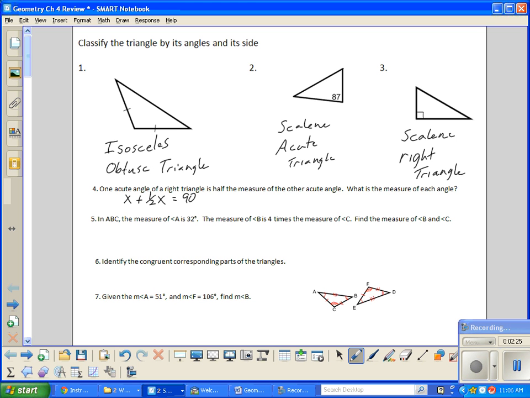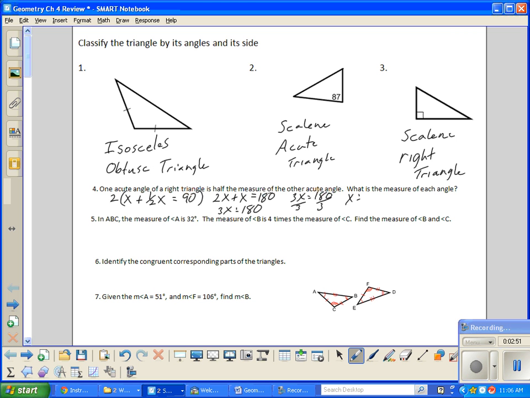Most people don't like fractions, so we can multiply by that denominator of 2 on both sides to get rid of the fractions, which will give us 2x plus x equals 180. Or combine the x's, we get 3x equals 180. And then divide both sides by 3.